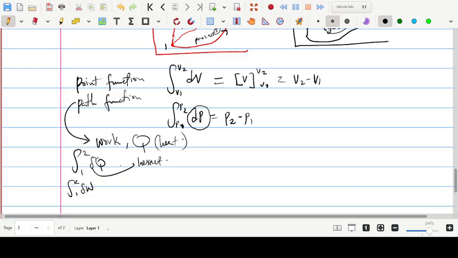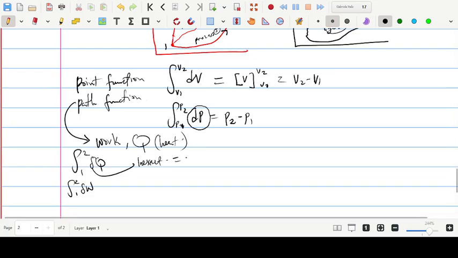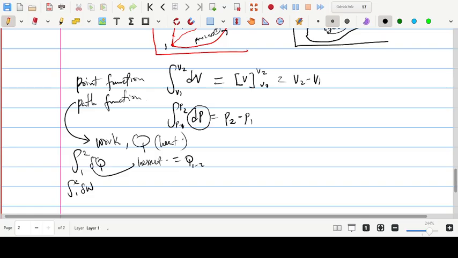So here you can now have this one finally to be q1 to 2. Is that taken? So for work, it will be w1 to 2. That's it. So we've explained process, functions, path functions, and point functions.